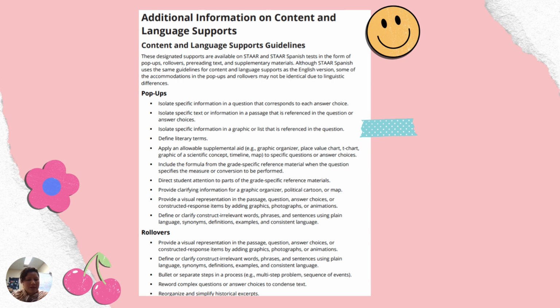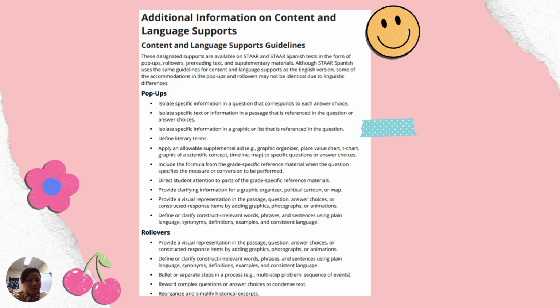Now, this is that page 27 to 28 that I was talking about. This gives you an idea of what content and language supports look like on the actual STAAR and STAAR Spanish tests. So a pop-up, for example, can define literary terms.